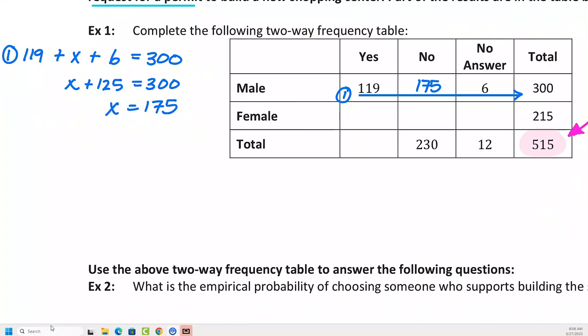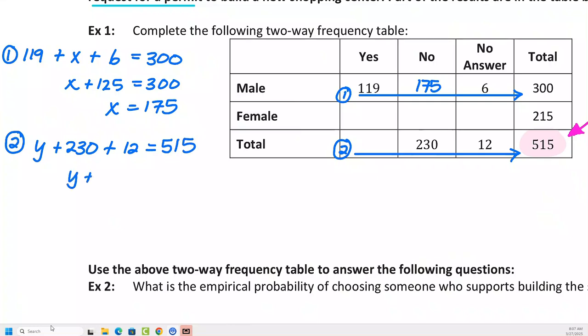Are we okay with that? Even the total row has to add up. So this will be the next one. I'll find this box right here. The total row has to add up to the grand total. So here, as number 2, I'll use y to represent the yes for the total row, plus the 230 plus the 12 has to equal 515.